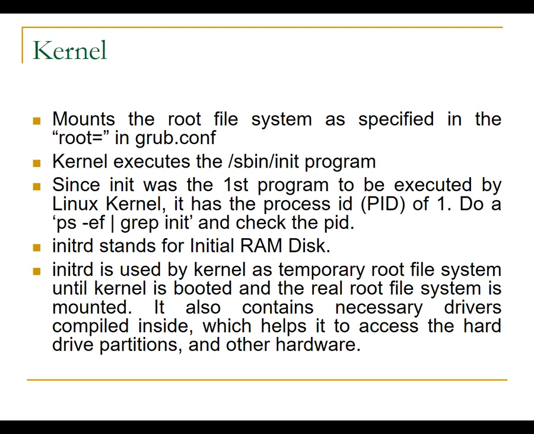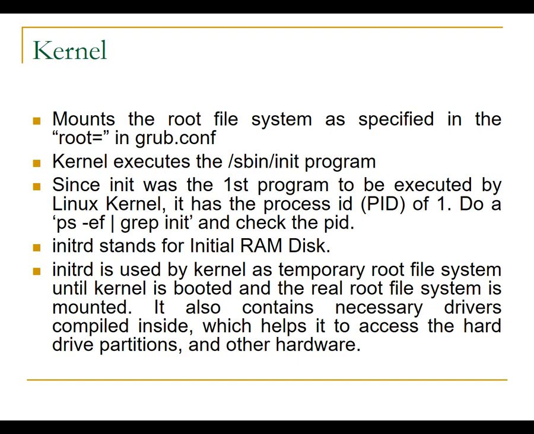The kernel mounts the root file system as specified in the root directory in the GRUB configuration file. The kernel gets executed from the directory called /sbin/init program. Since it was the first program to be executed by the Linux kernel, the process ID of this component is 1.